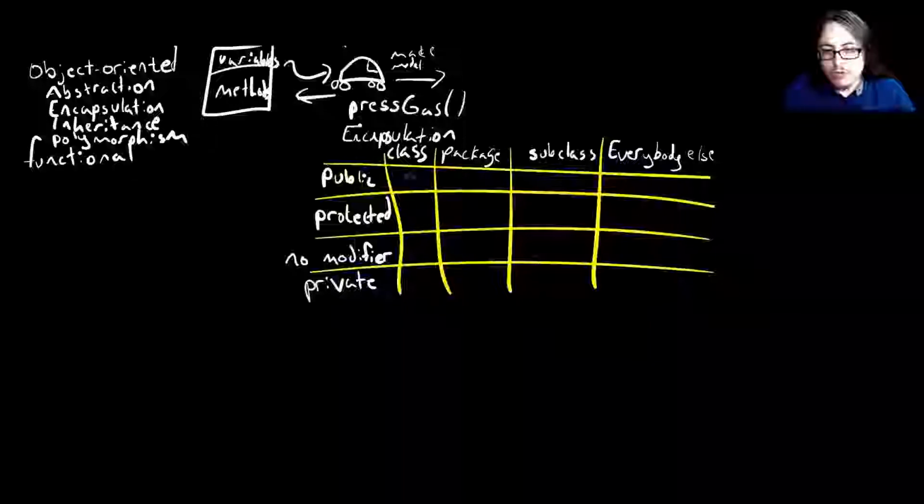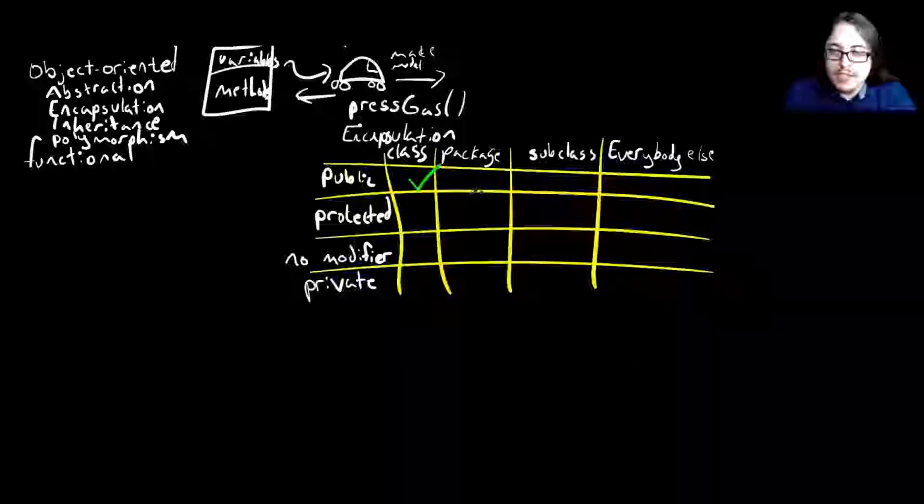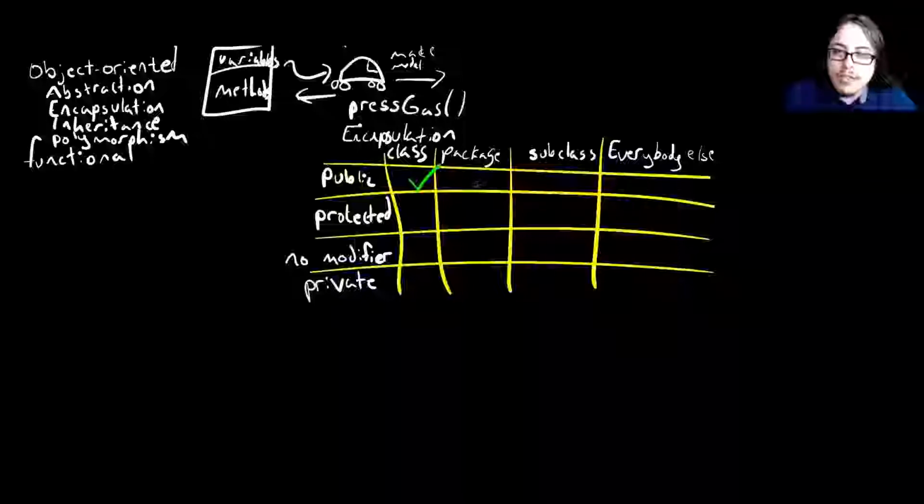So let's go over what levels are visible based on which modifier it is. Is it visible at the class level? Can it view itself? Yes. Is it visible within the package, so basically the folder that holds the current class?